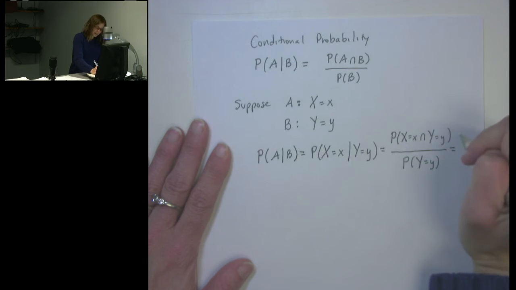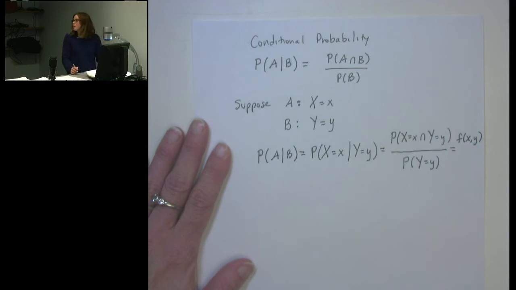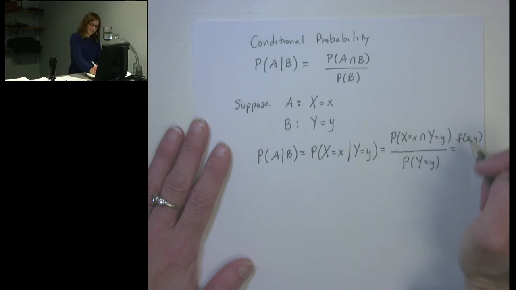And we know that this is our joint PMF divided by our marginal probability mass function of y.